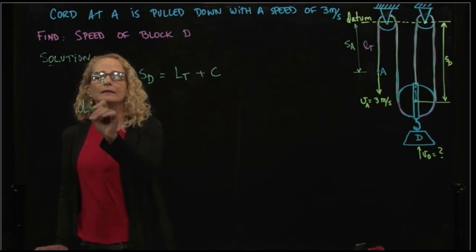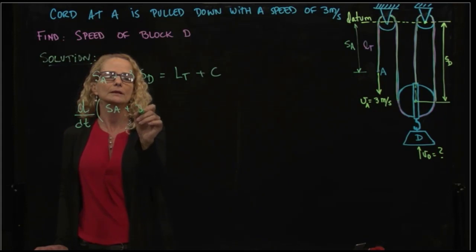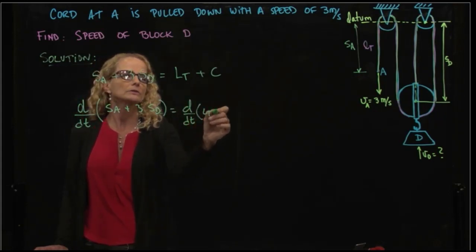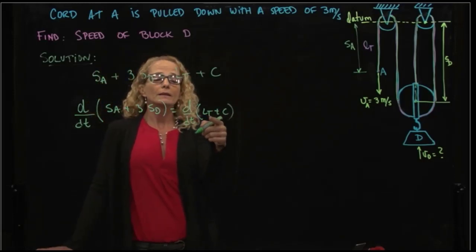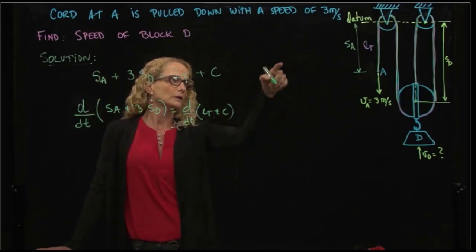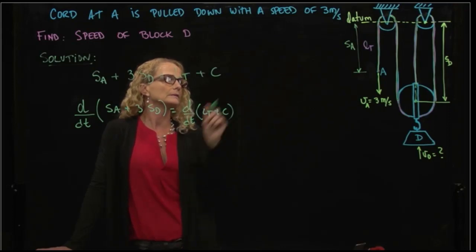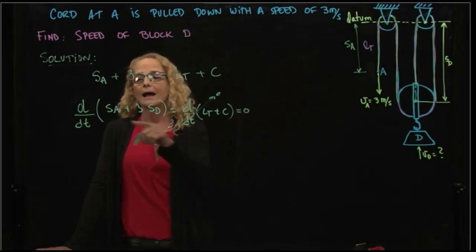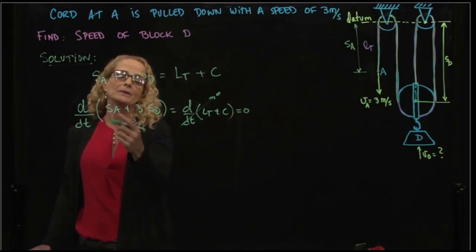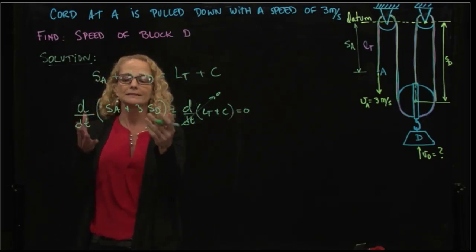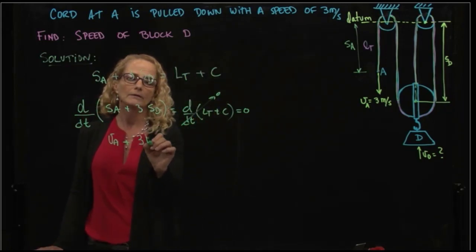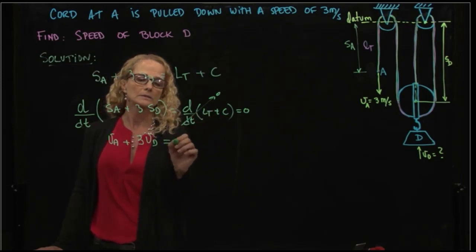If I derive that expression over time, the whole equation is SA plus 3SD, and I derive both sides of my equation. I see that the total length is constant, and that constant, which is the rope in the pulleys, is 0. So this is all 0. And that expression is the velocity of A. Since this is a distance, the derivative of a distance with respect to time will give me the velocity, and 3 times the velocity of D equals 0.